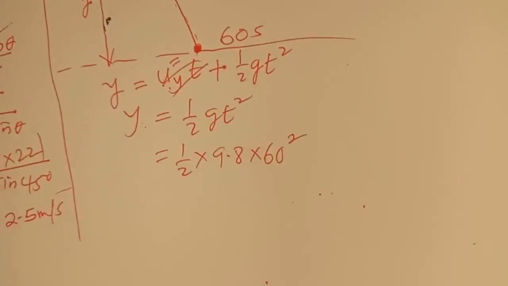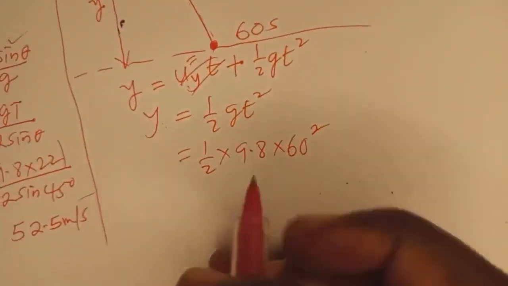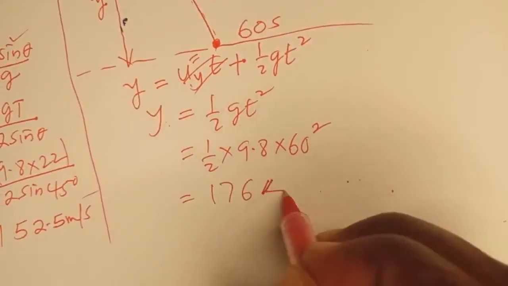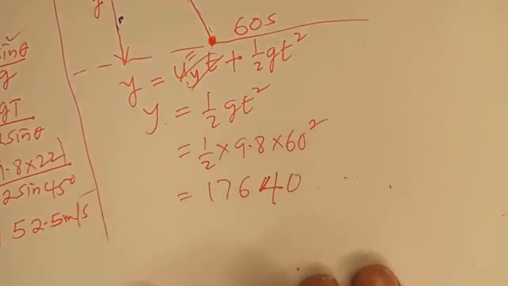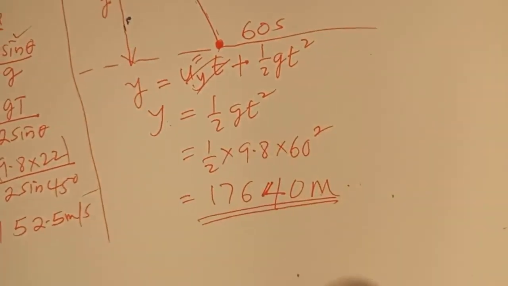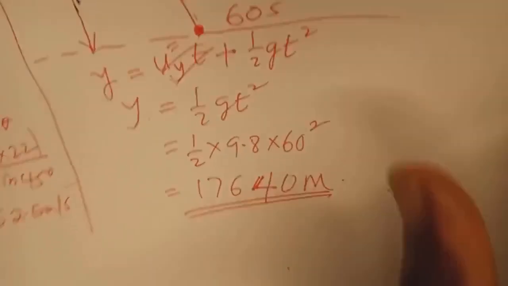Half is 0.5, so I say 0.5 times 9.8 times 60, then I square the 60, and look at what I will get: 17,640. So this means 17,640 meters. This is the height of the plane above the ground. Okay, wow.